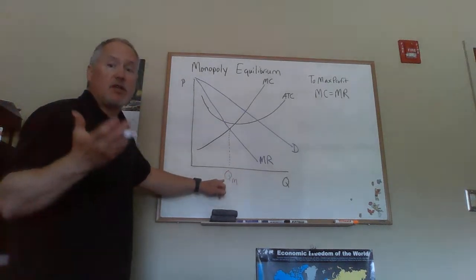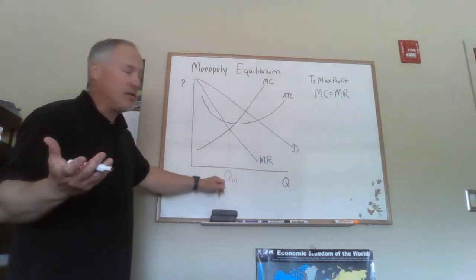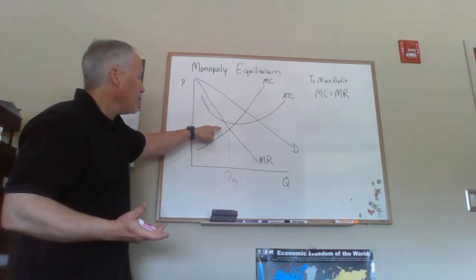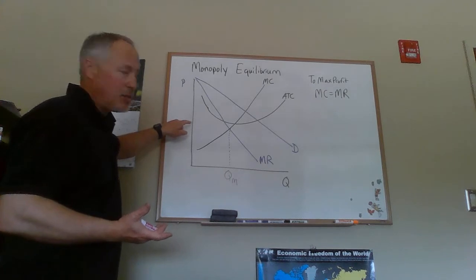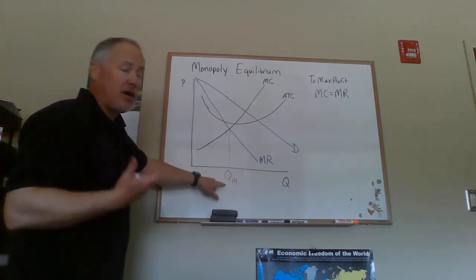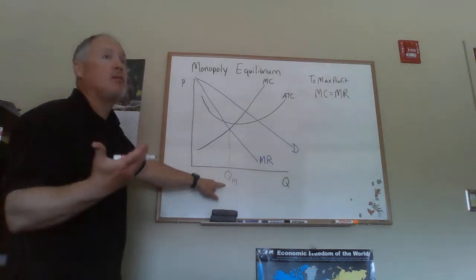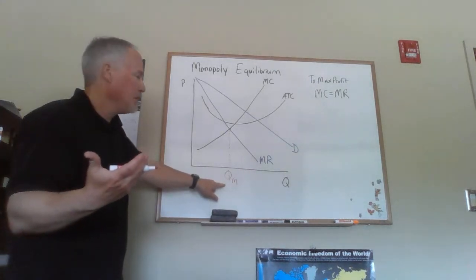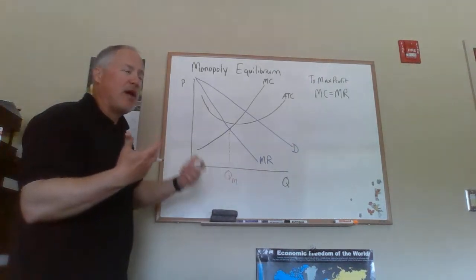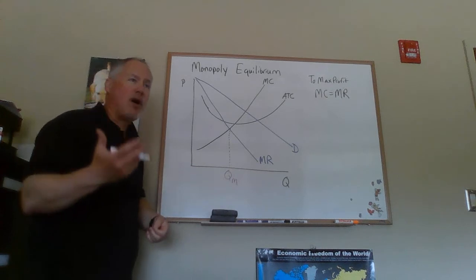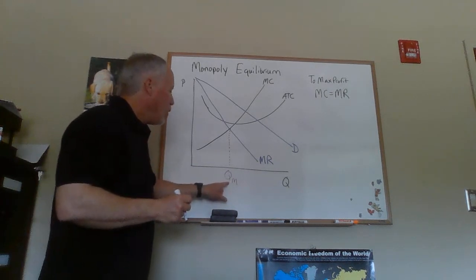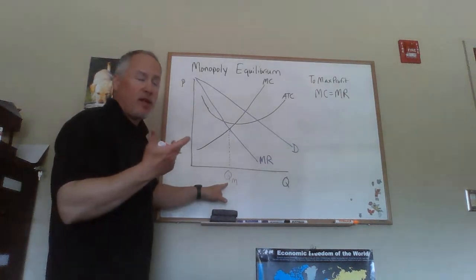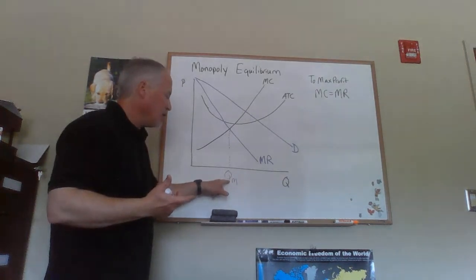The other thing we have to see is, what's going to be the price of this good in the market? We don't go straight over to the price axis to get the price, because the price has to come off of the demand curve. The demand curve, after all, tells us the quantity that consumers want to purchase at different prices, or it would tell us what the price would have to be if you're going to sell a certain quantity of the good.